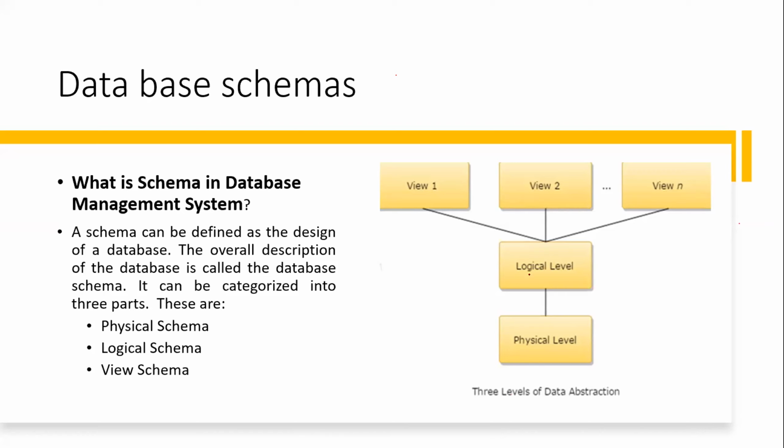At the logical level, we define what type of data it is, what model we have chosen, how all the tables are related in that model, and what integrity constraints apply. Everything we have to define at the logical level. And next, the view level. Here the end user is directly connected to the view level and accesses the data, but the logical level and physical level are hidden from the end user.